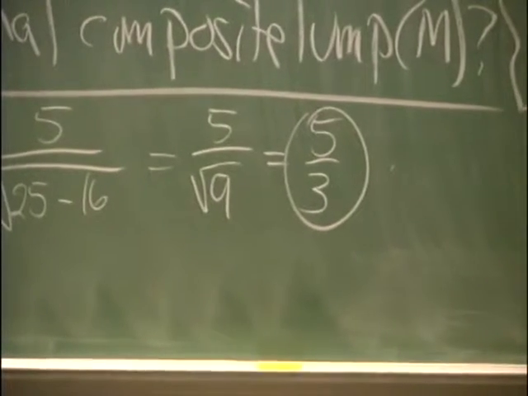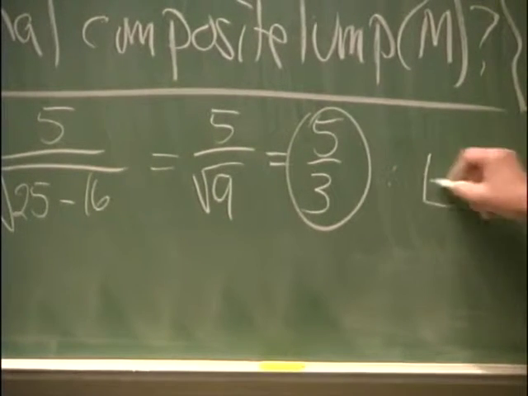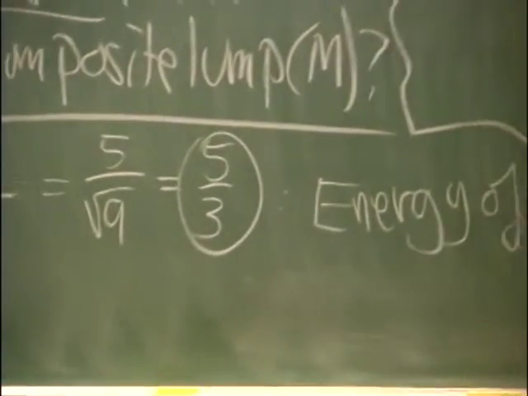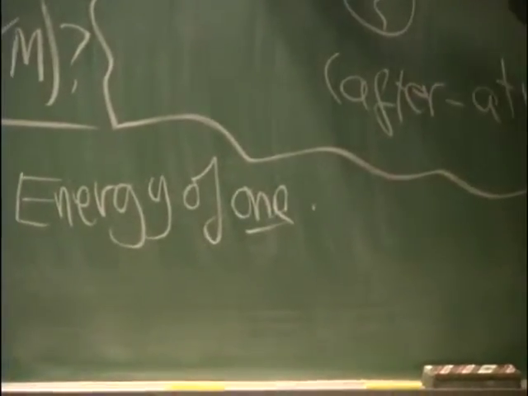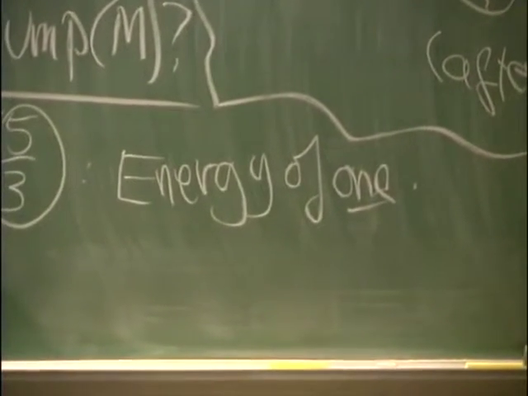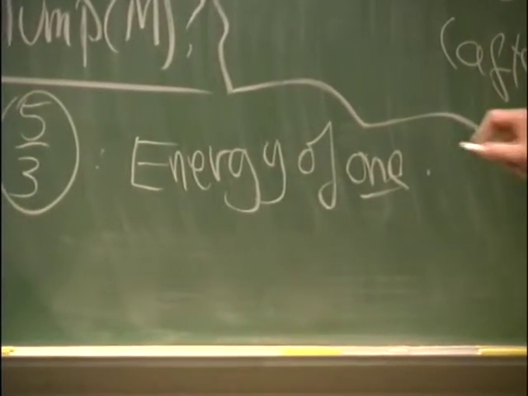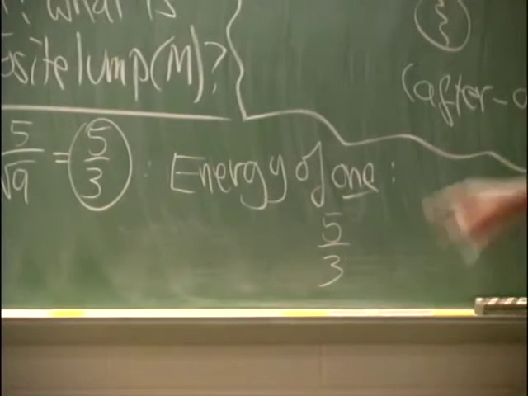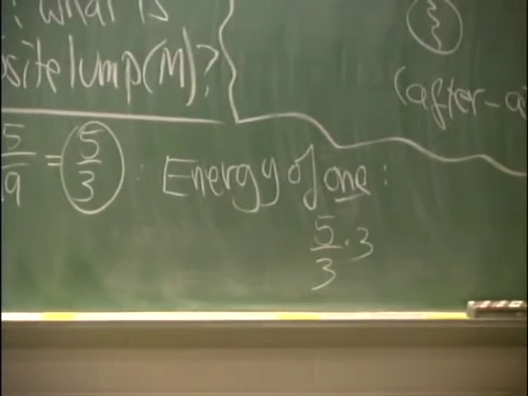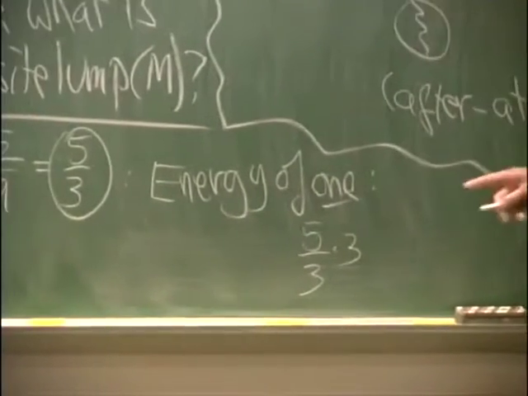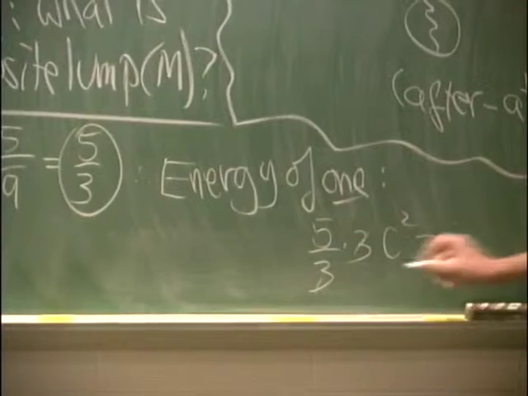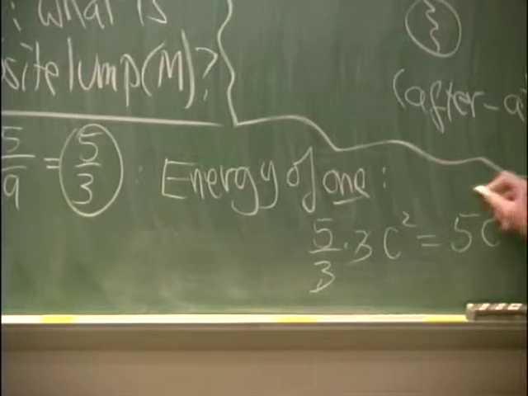So what's the energy of one of them? This one here, for example. According to Einstein, it's gamma m c squared, so that's 5/3 times m, but that's 3. No wonder he chose 3. Okay, 5/3 times 3 times c squared. The 3's cancel, and I get 5c squared.